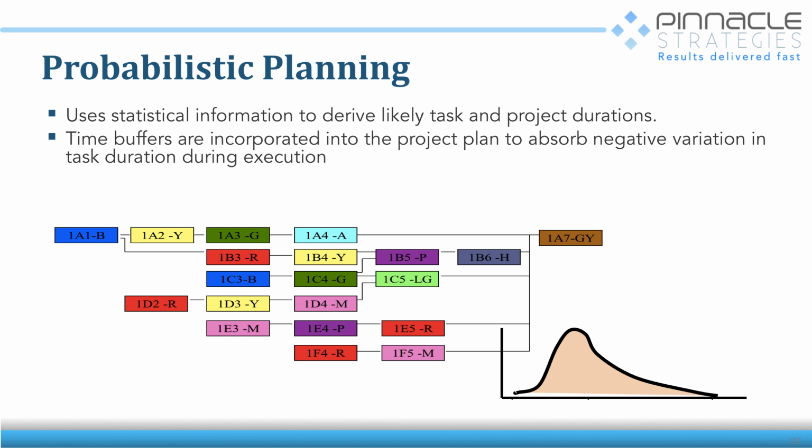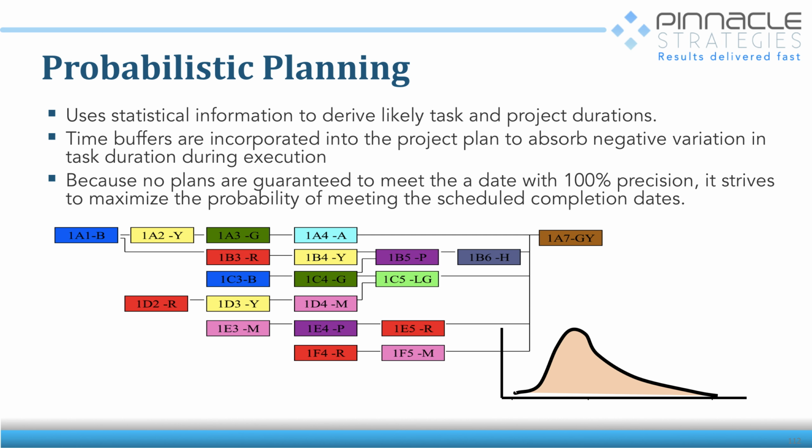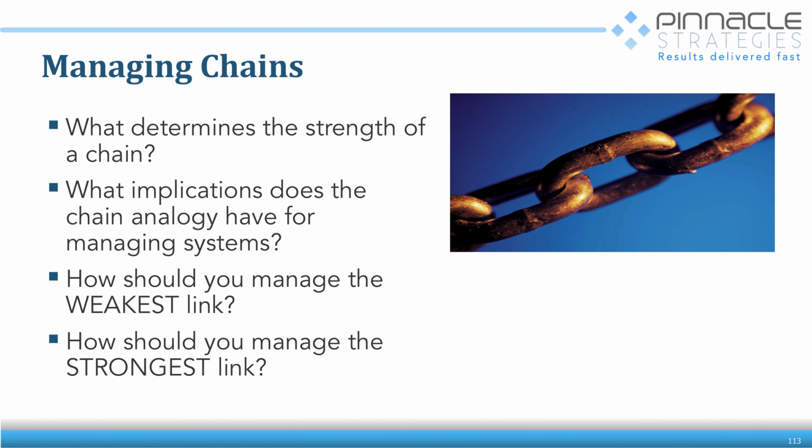I've already talked about this, and we incorporate the project buffers into the plan, and then we create the critical chain, right? And so we all know that the weakest link is always what's determining the strength of the chain. And when we think about managing that, the weakest links are the ones that get our attention.